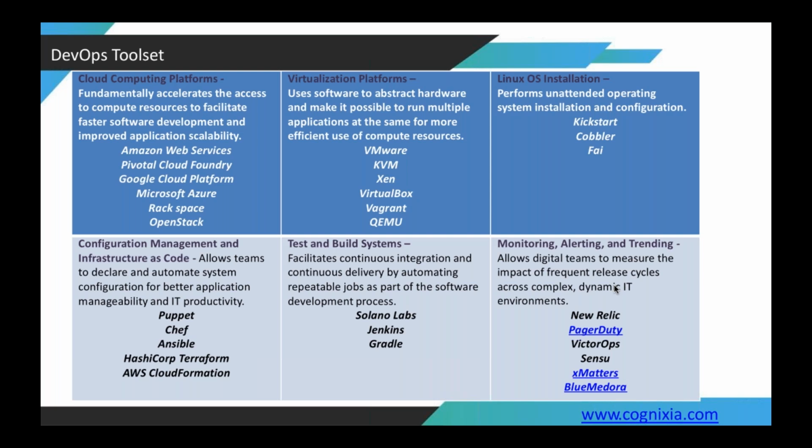The major cloud providers are Amazon Web Services, Microsoft Azure, and Google Cloud Platform. These are the three main providers. Then there is Rackspace and OpenStack. OpenStack is the only private cloud option out there, so you can take the OpenStack software, implement it in your own data center, and create your private cloud.